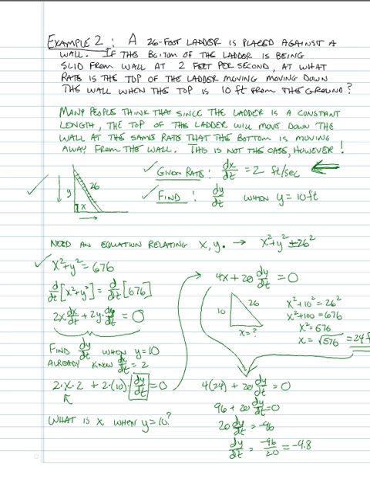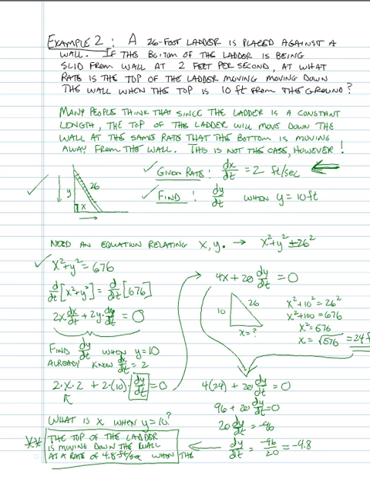So here's our answer. I'm kind of cramming it in here. Because of the result we got here, the top of the ladder is moving down the wall at a rate of 4.8 feet per second when the bottom is 10 feet from the wall.